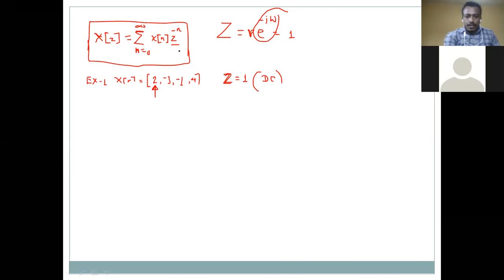Now z is 1, so z to the power of minus n. Here you see z to the power of minus n. So if z is 1, it will be 1. So it's a DC signal with amplitude 1.